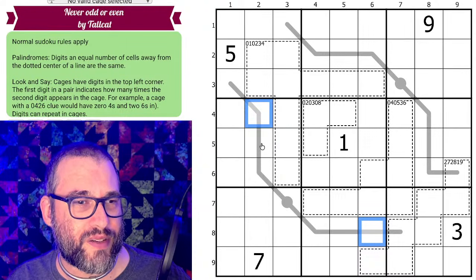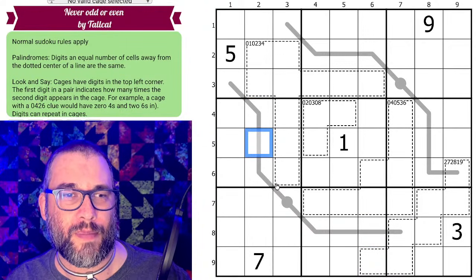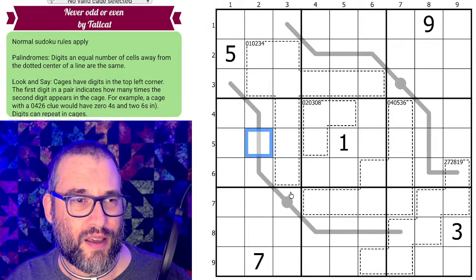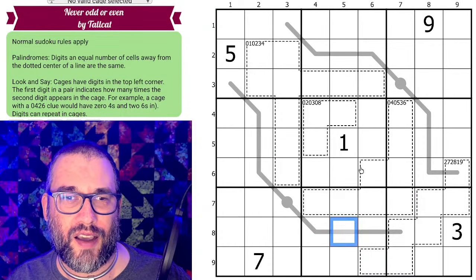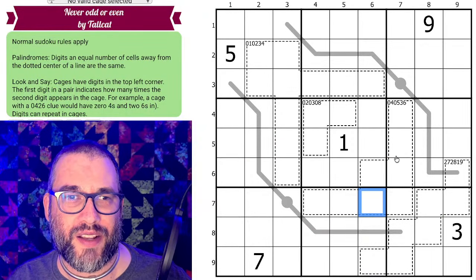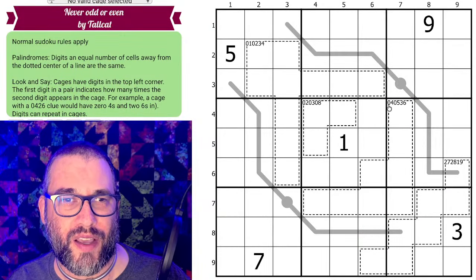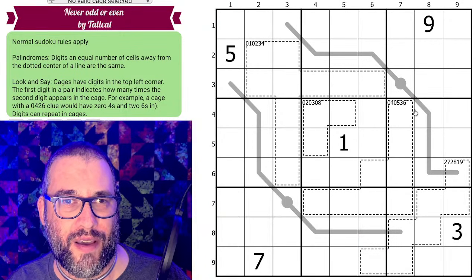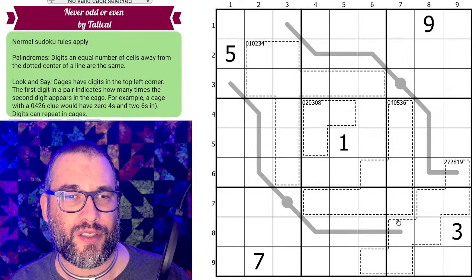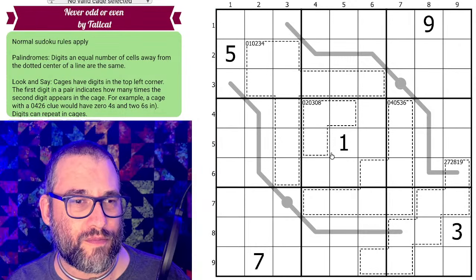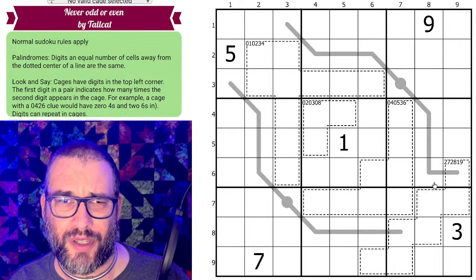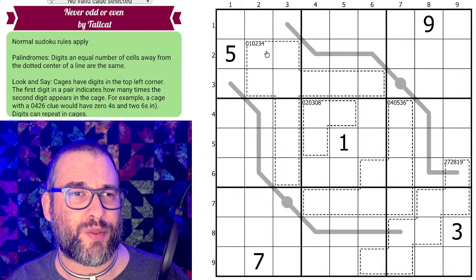That's going to give us a digit right away. And then we have look and say cages, where you read this number as 040536, which says that there's no fours, no fives, and 3 6s in this cage. These are going to give us a couple of digits right away.